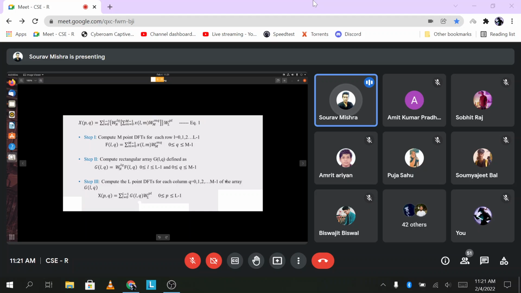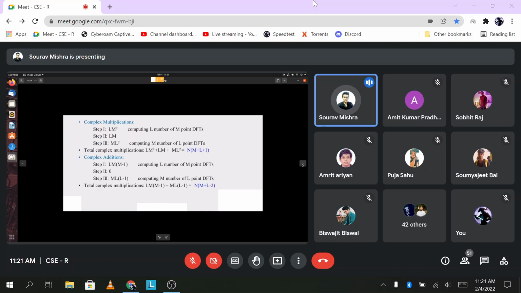For a total of m columns. So m multiplied by L square, so the total number of multiplications is ml square. You add these and you get the value as n into m plus L plus 1. Now in the direct method, it is more than that. So this is almost half of it.